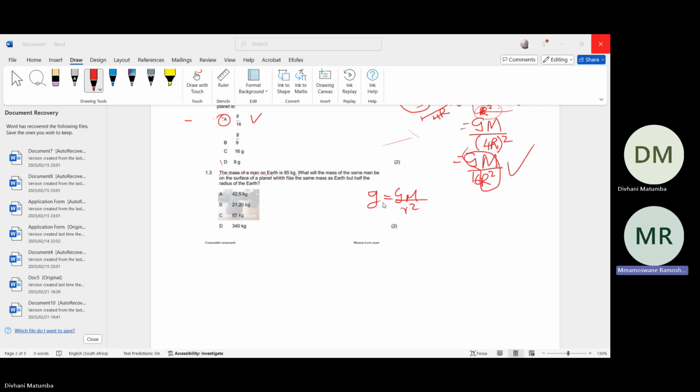Then I'm going to use this. 10 to the power negative 11 divided by.